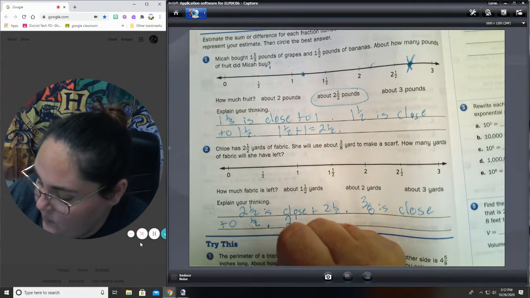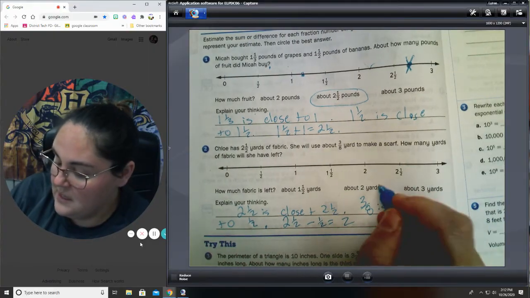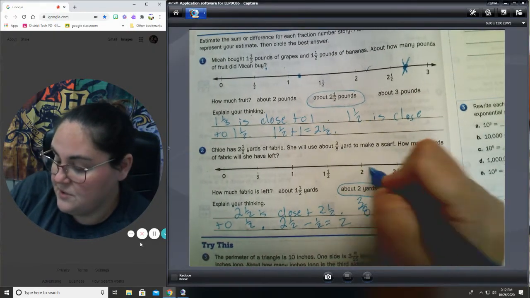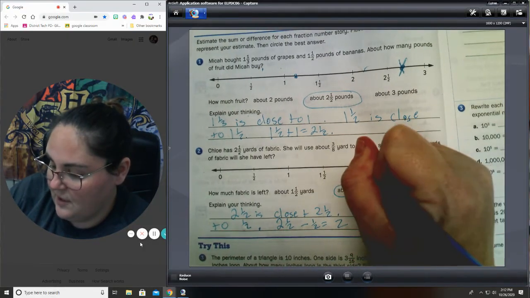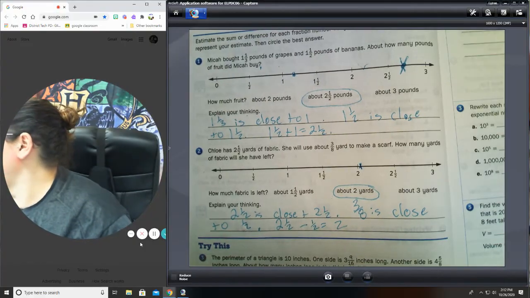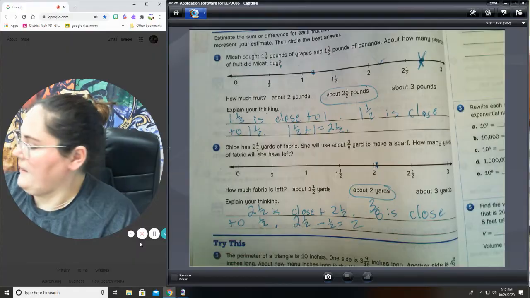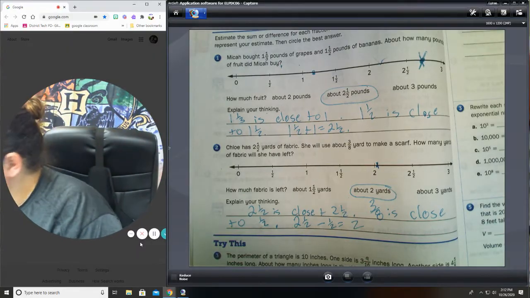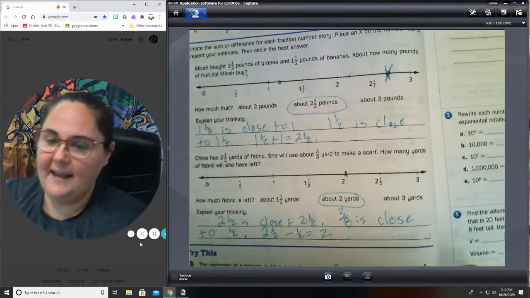And then 2 1/2 minus 1/2 equals 2. So my answer should be about 2 yards. I would say it's about right there. All right.